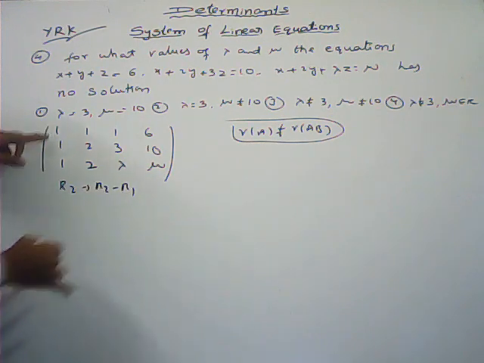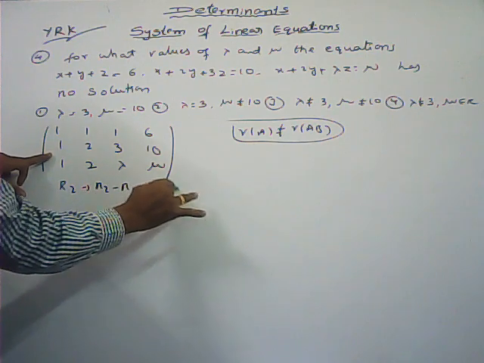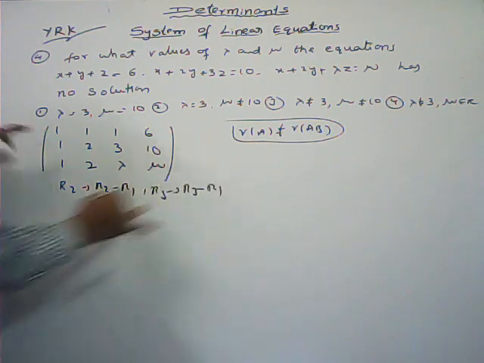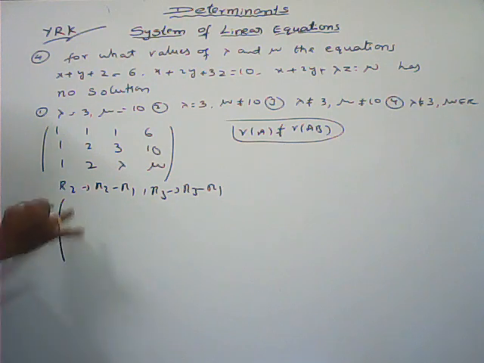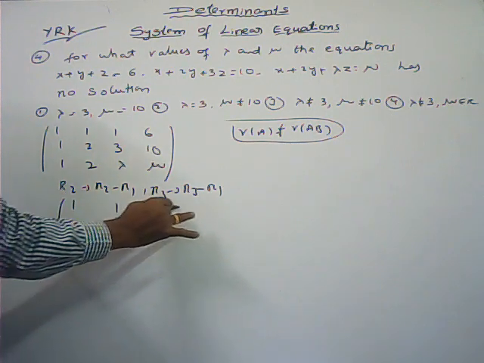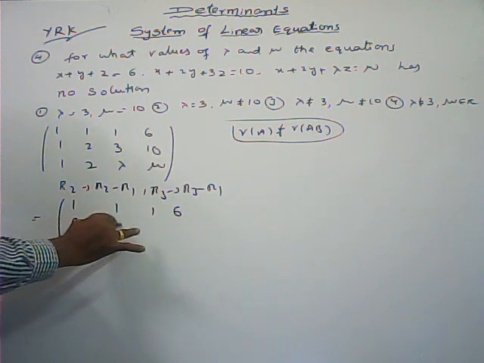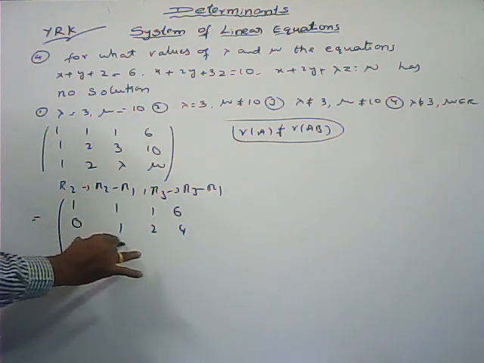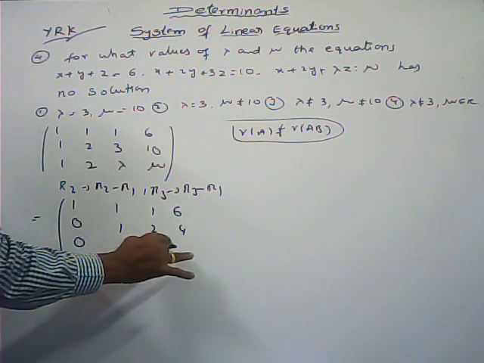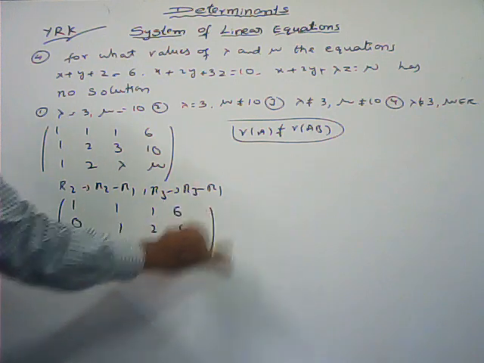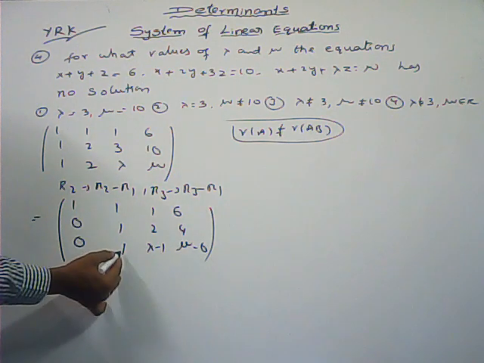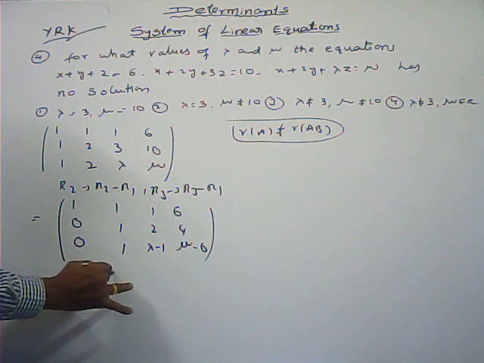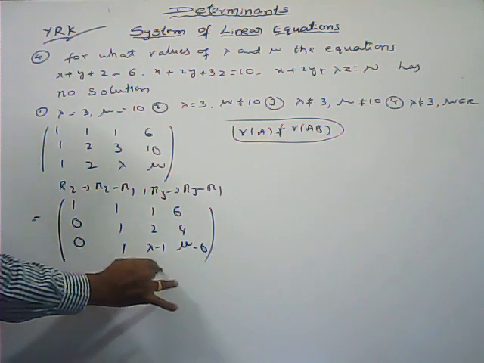Also R3 goes to R3 − R1: 1, 1, 1, 6; 0, 1, 2, 4; 0, 1, lambda − 1, mu − 6. Next, how to get 0 here? R3 goes to R3 − R2.